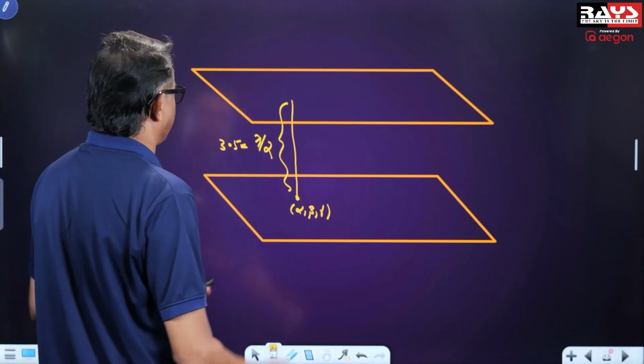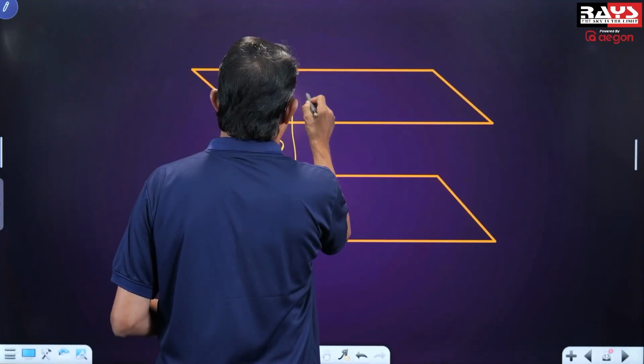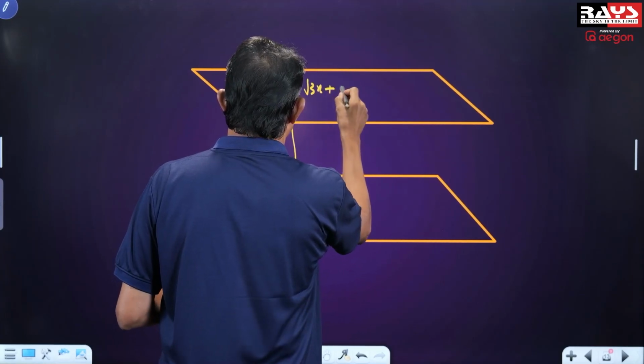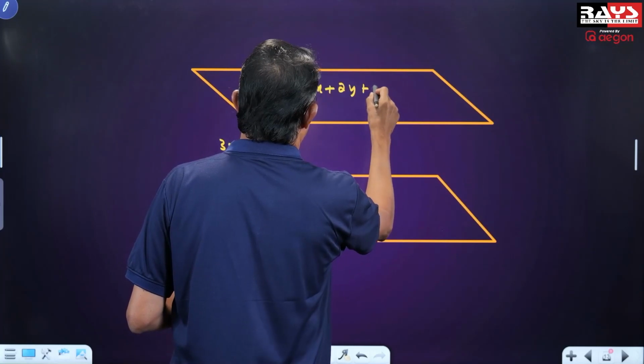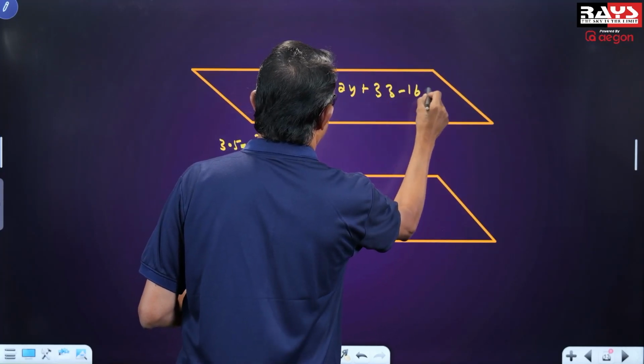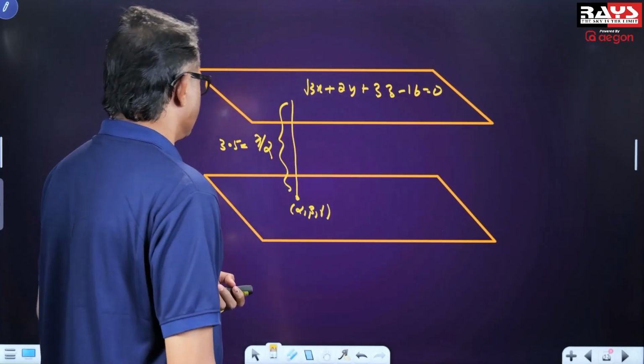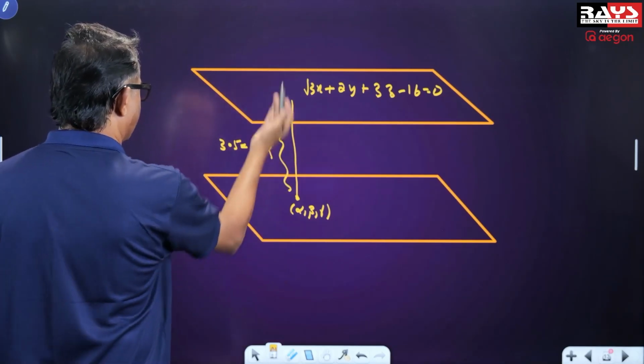Now this plane is root 3x plus 2y plus 3z minus 16 equal to 0. So what is its distance from alpha, beta, gamma?